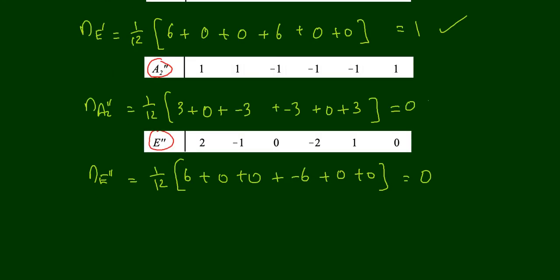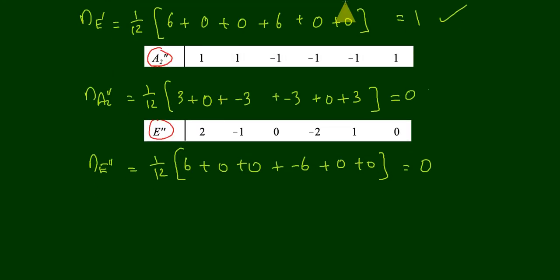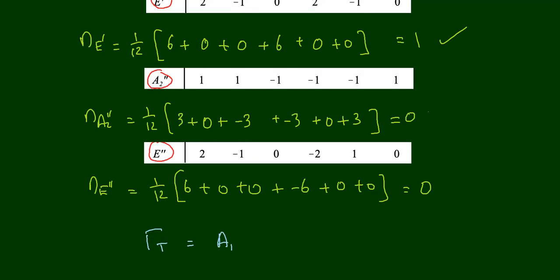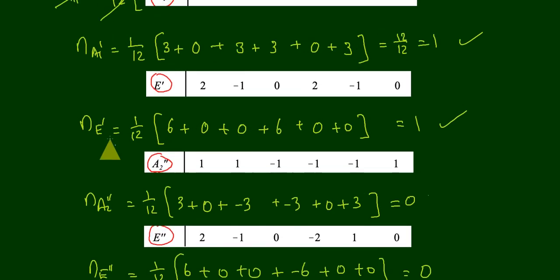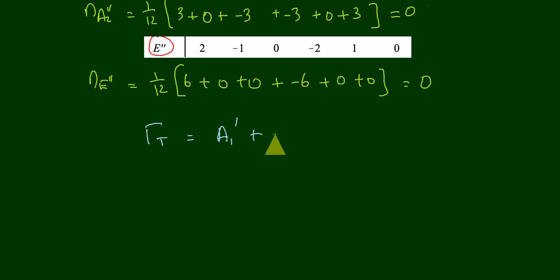It means that the total character chi t can be represented as 1 A1 dash plus 1 E dash. So this is what we can write.